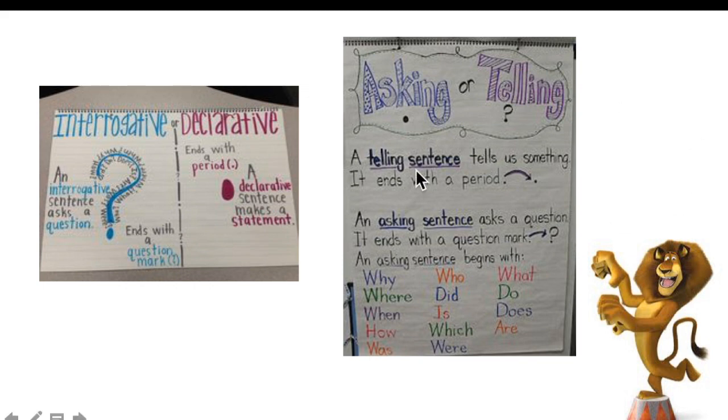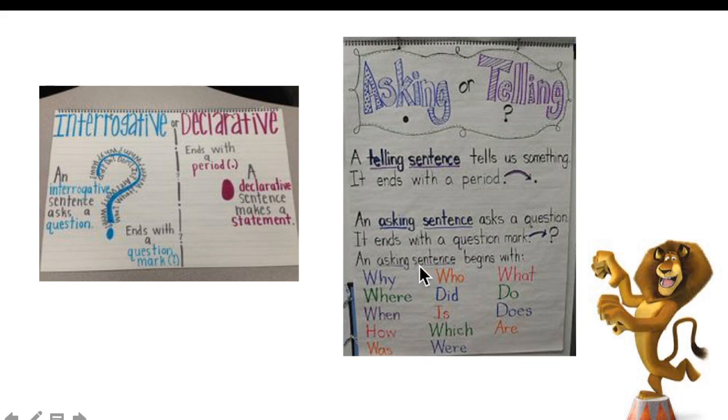So a telling sentence tells us something. We call it a statement or declarative sentence. An asking sentence asks something. It is a question or interrogative sentence. A telling sentence or statement must end with the period. An asking sentence or question must end with a question mark.